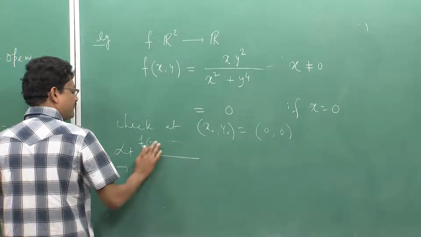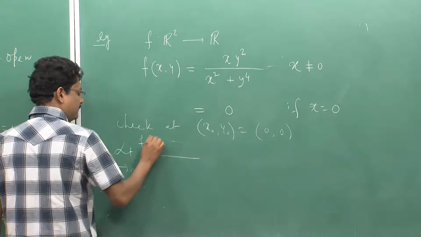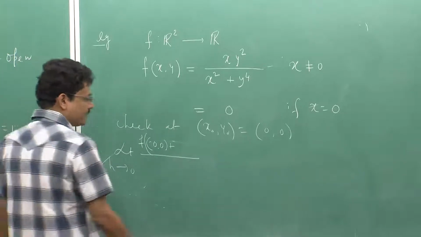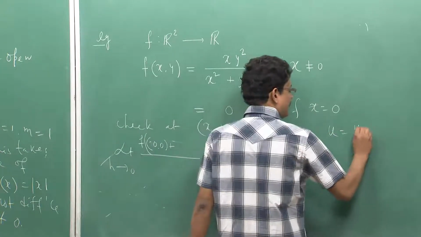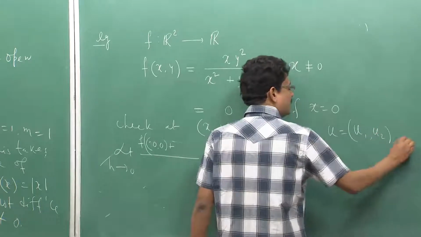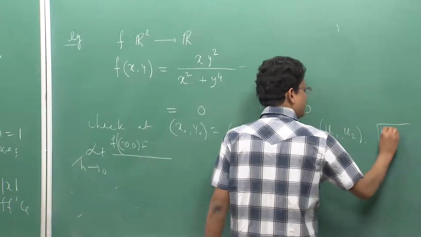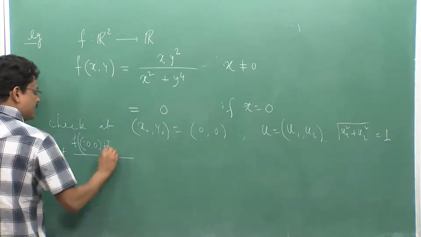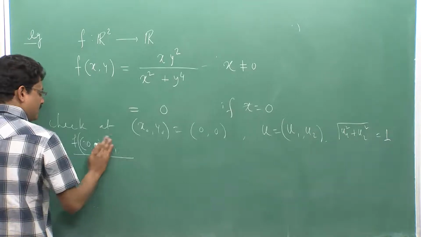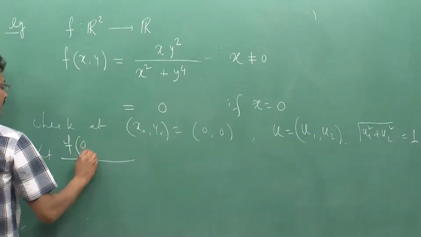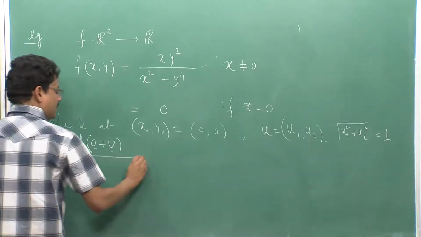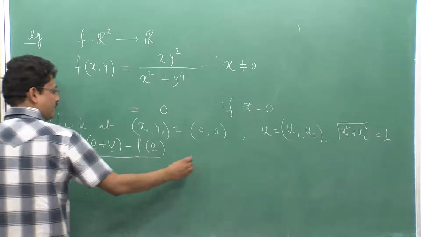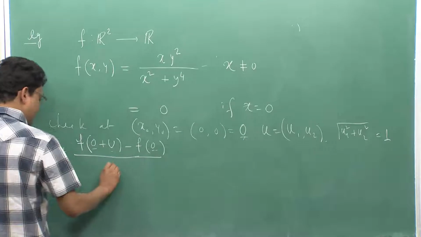So, I put this definition, limit h going to 0, f of 0 0 plus, so I fix a u with norm of u1 u2 equal to 1. Let me write it more clearly: f of 0 plus hu minus f at 0, 0 means the vector 0 0, divided by h.